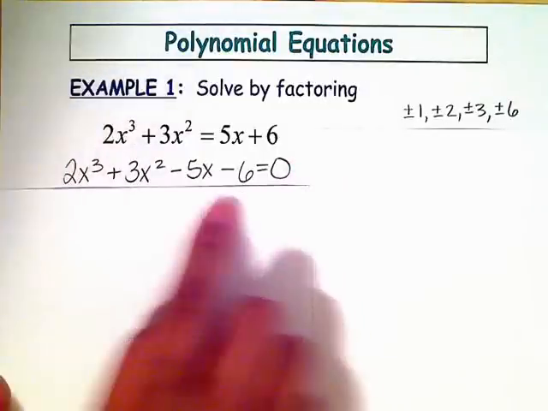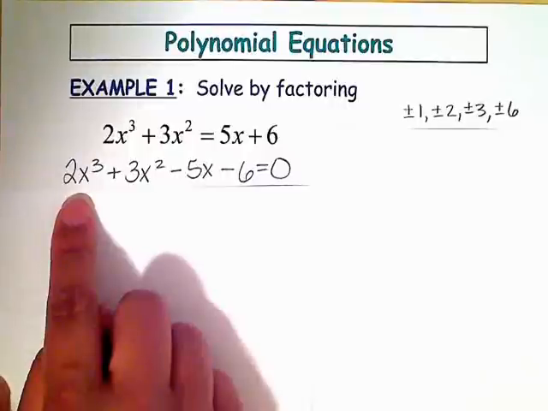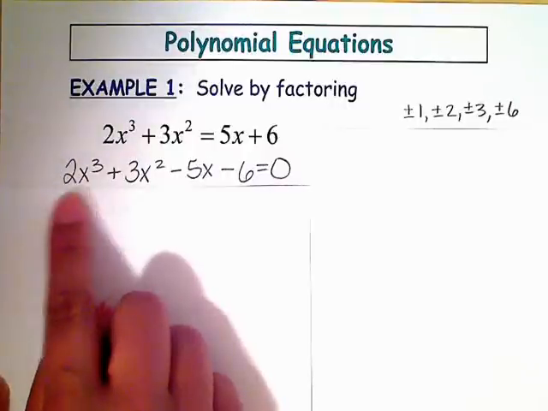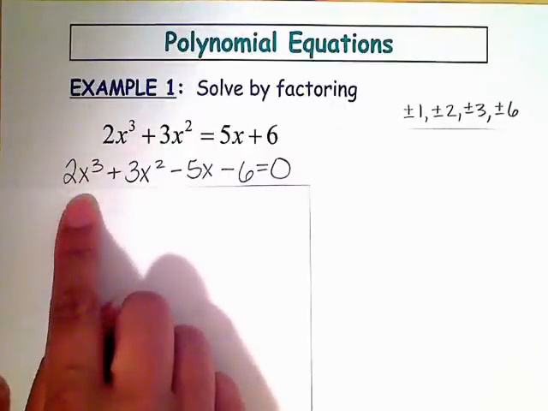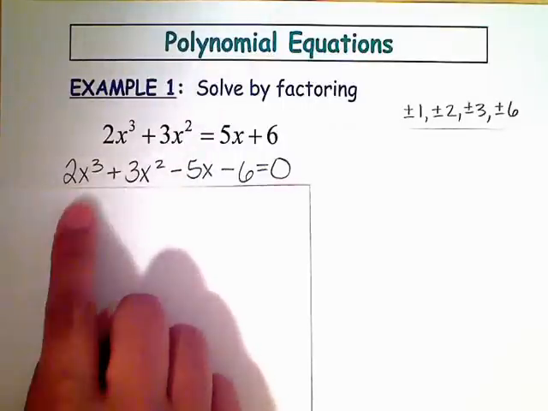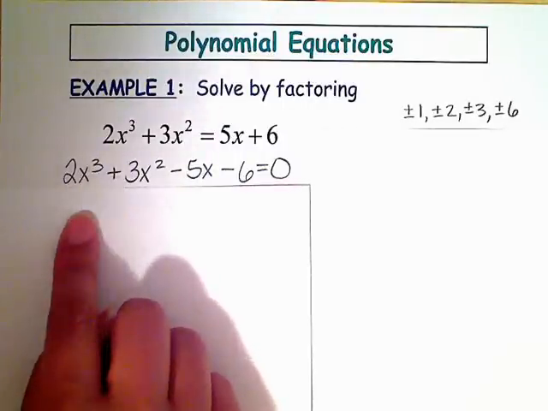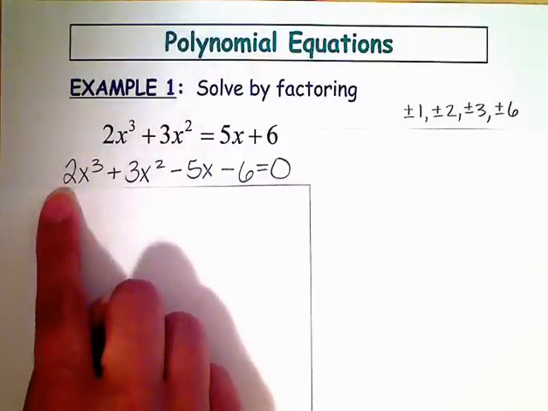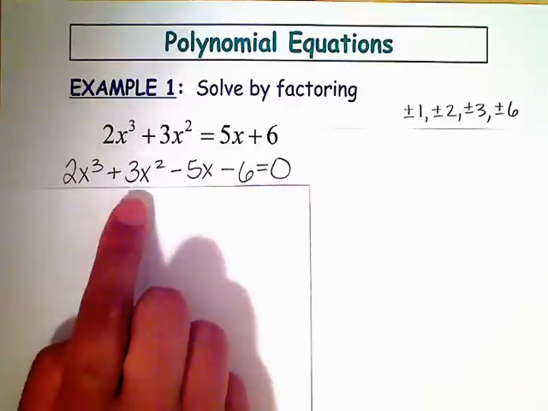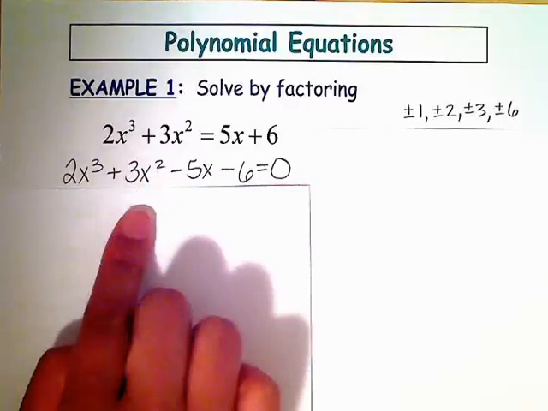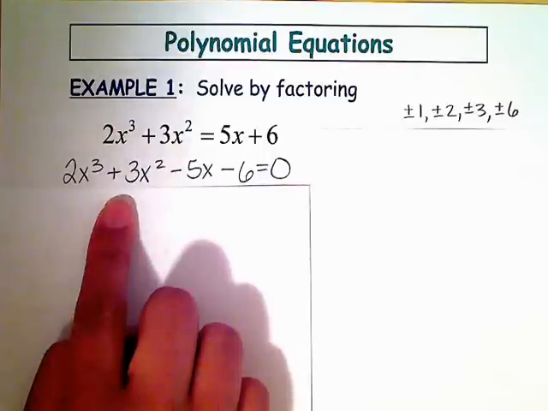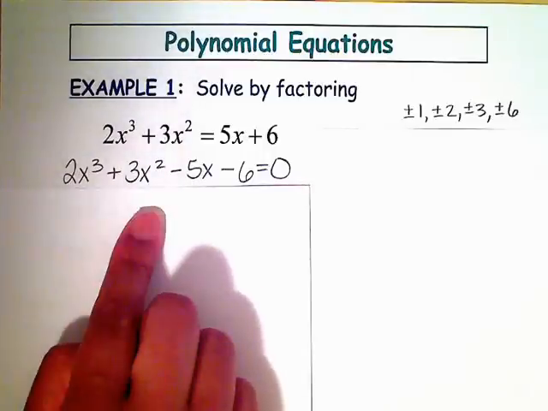If I plug in x equals negative 1 here, I get 2 times negative 1 cubed, and I know negative 1 cubed will give me negative 1, and that'll multiply by 2 to give me negative 2. Then I have negative 1 squared, which is 1, times the 3 is positive 3. So now I have negative 2 plus 3, which is 1.